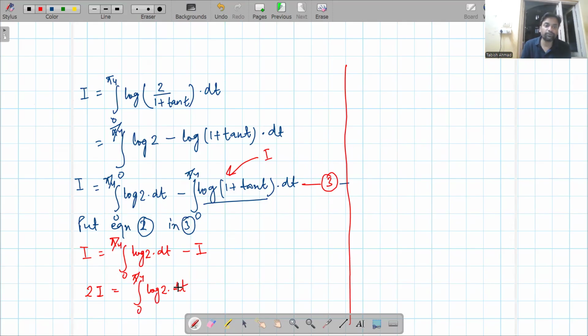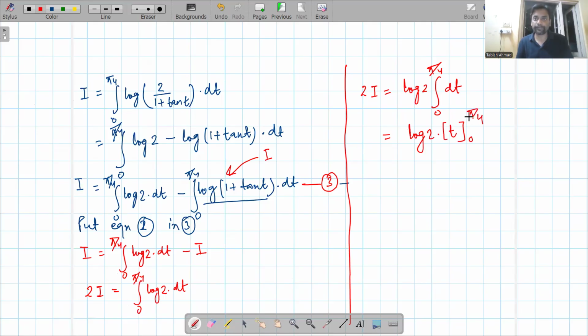Okay. So log 2 is nothing but a constant. So it will become 2I, and log 2 you take out, the integral from 0 to pi by 4 of dt. So that is t only. So log 2 times the integration of dt, that is t, and put the limit 0 to pi by 4. Isn't it?